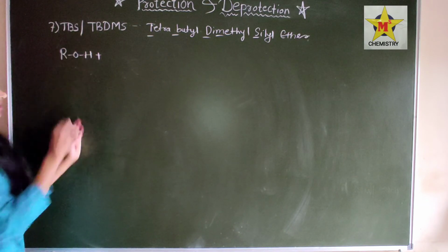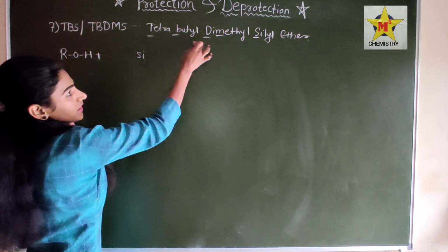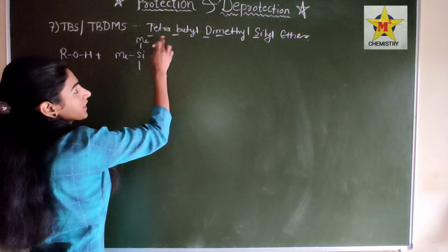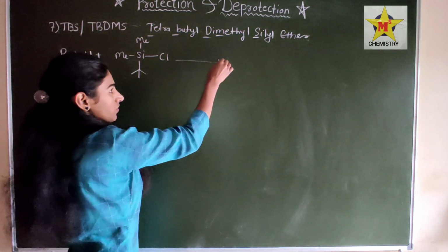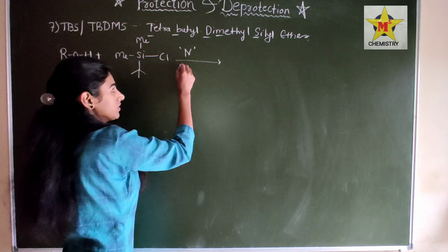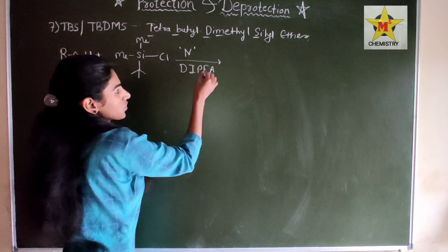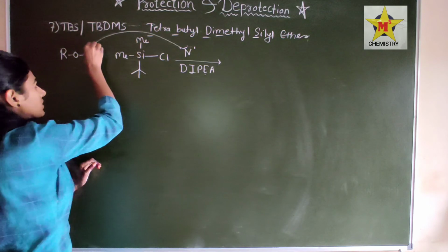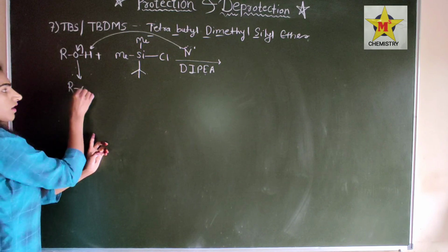If there is any alcohol, then what do we add to it? A silicon group with two methyls, one tert-butyl and chloride. Okay, in the presence of any nitrogen-containing base, DIPEA, diisopropyl ethyl amine, we can use it to abstract this hydrogen atom, and it will become RO minus.